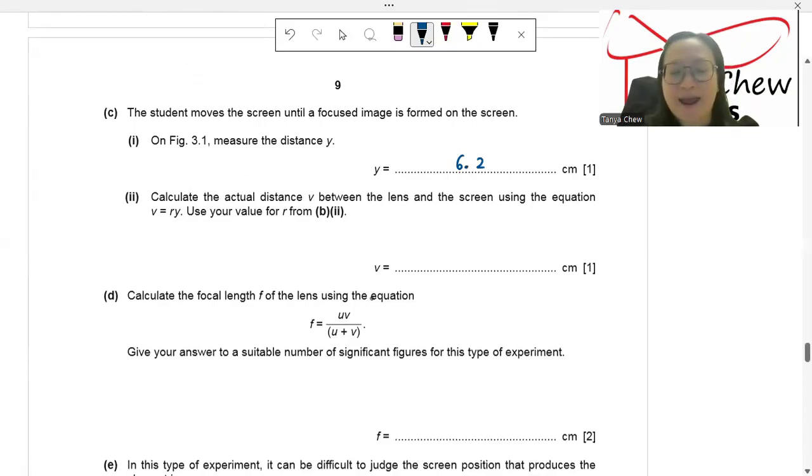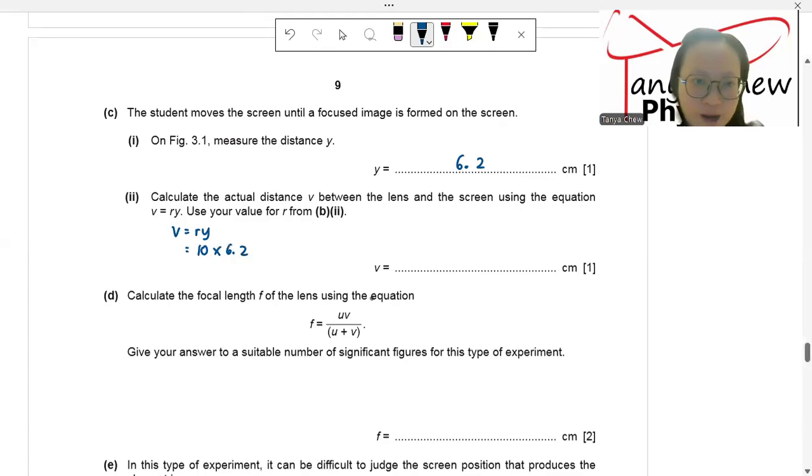Then calculate the actual distance v between the lens and the screen using the equation v is equal to Ry. Use your value of R from B part 2. R from part 2, I got 10, and then I just multiply by 6.2 cm, and therefore I got 62 cm. 62 cm is my answer.